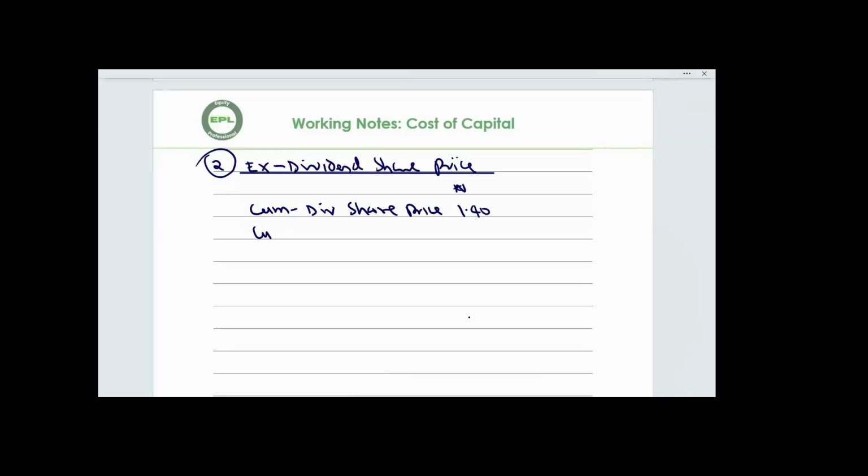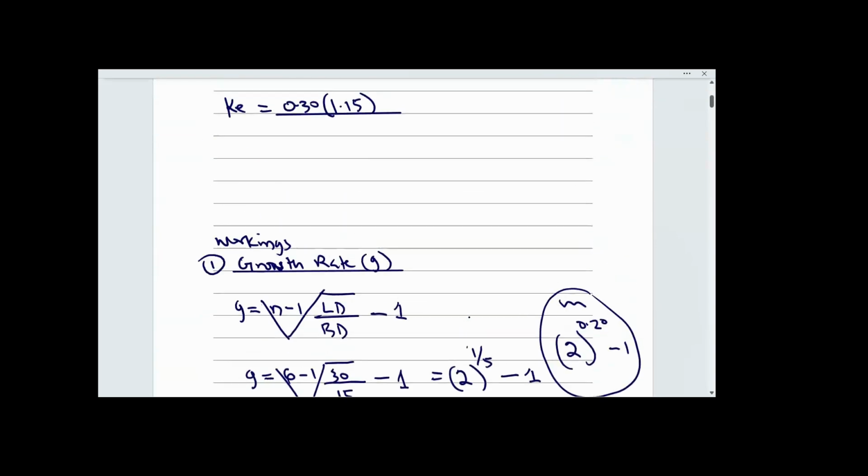You less the current dividend of 30 kobo, 0.30. The difference is the Ex-div share price, which is 1.10. That's the Ex-div. So this is how to convert cum-div share price to Ex-div share price.